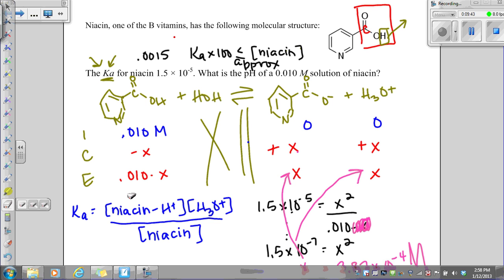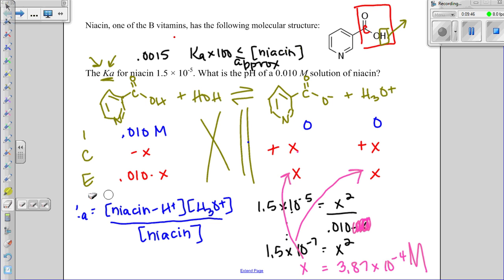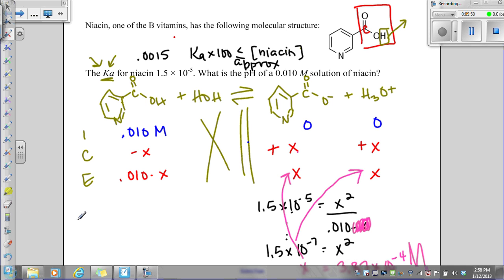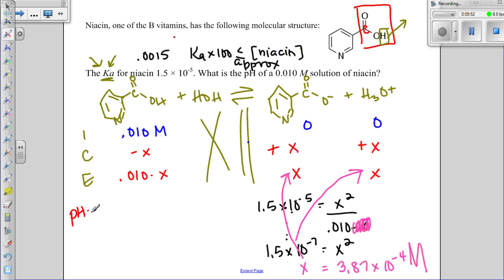So if I want to calculate pH, which is what it asked me, I am going to do pH equals negative log of x, which is 3.87 times 10 to the negative fourth. I know that I am using 3 significant figures here, and it should only be 2, so it should really be 3.9.